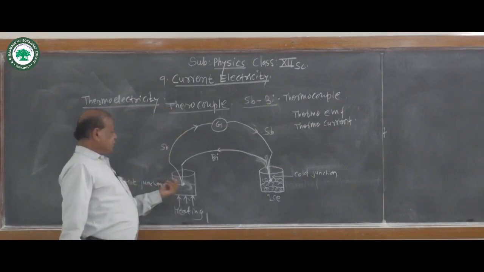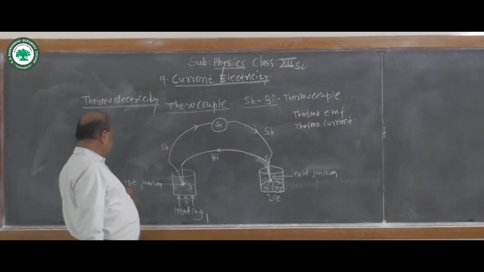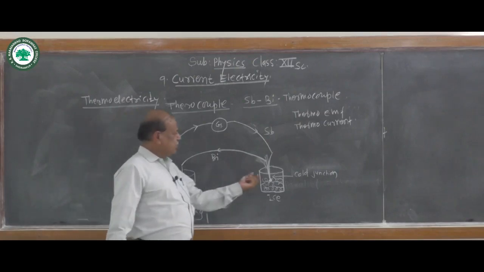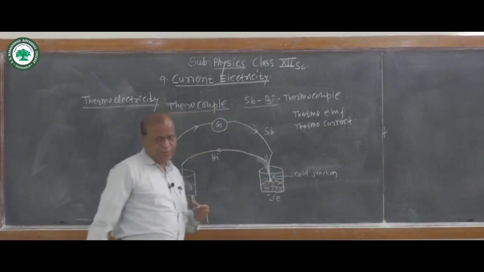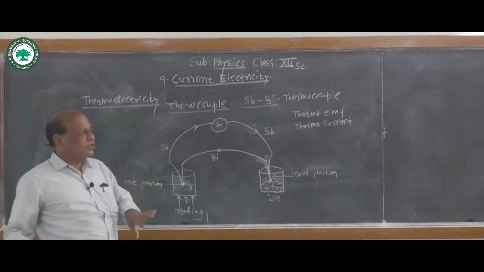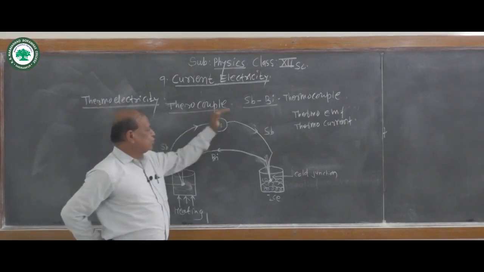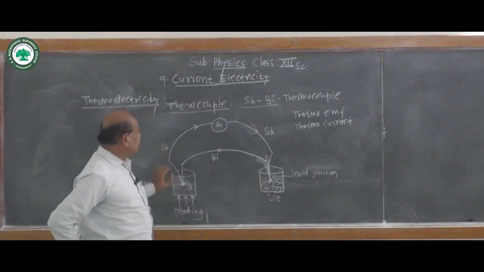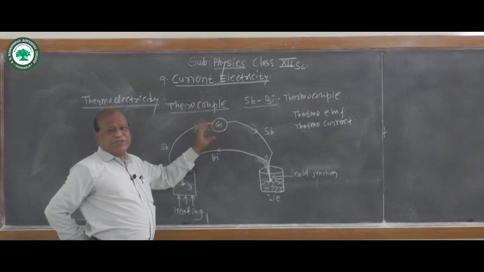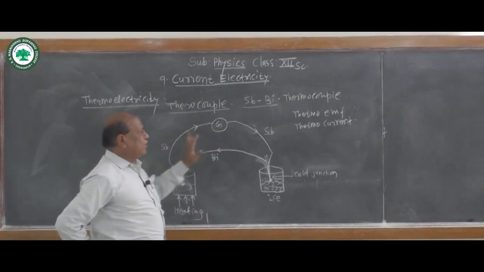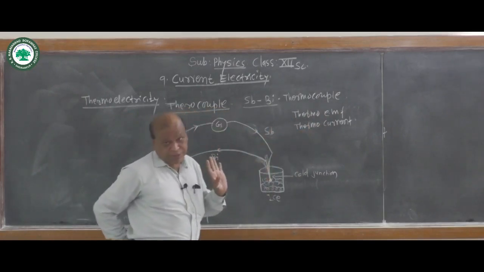One junction is placed in hot liquid, which is called the hot junction, and the other is placed in ice, so it becomes the cold junction. Current flows from the hot junction to the cold junction, measured by this galvanometer G. The generated EMF is known as thermo EMF, and the current flowing through it is the thermocurrent.